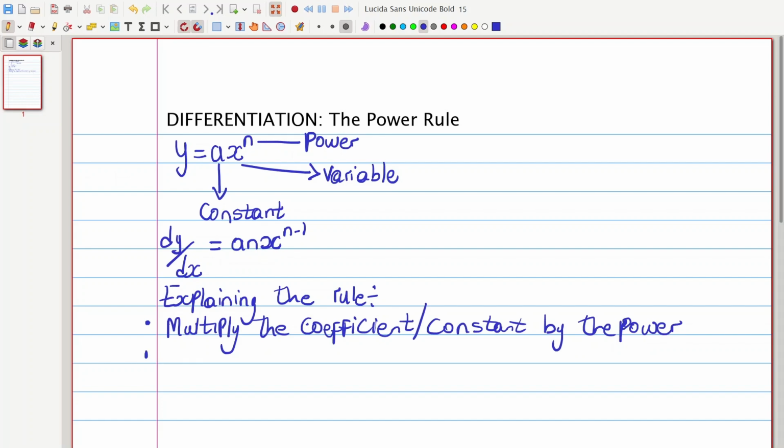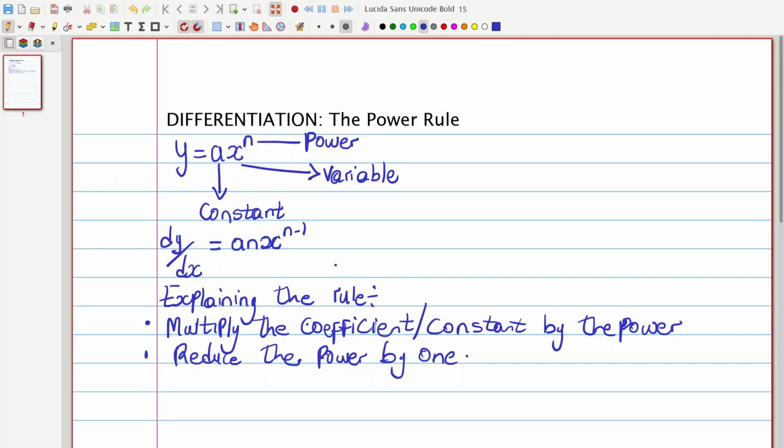Step 2, reduce the power by 1. That's all. Multiply by the power, reduce the power by 1.